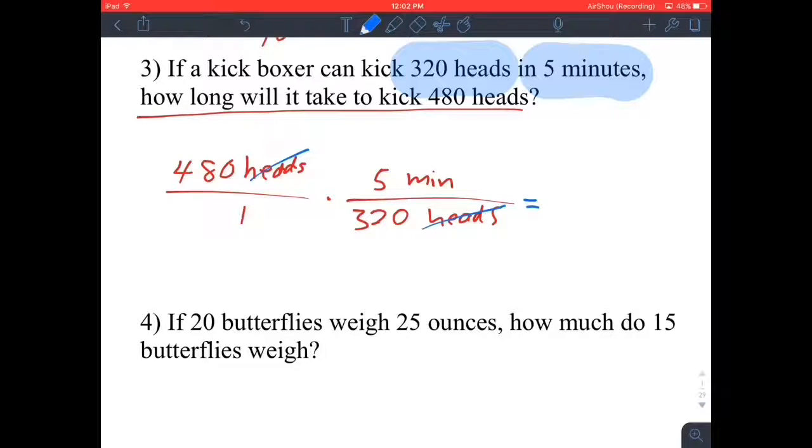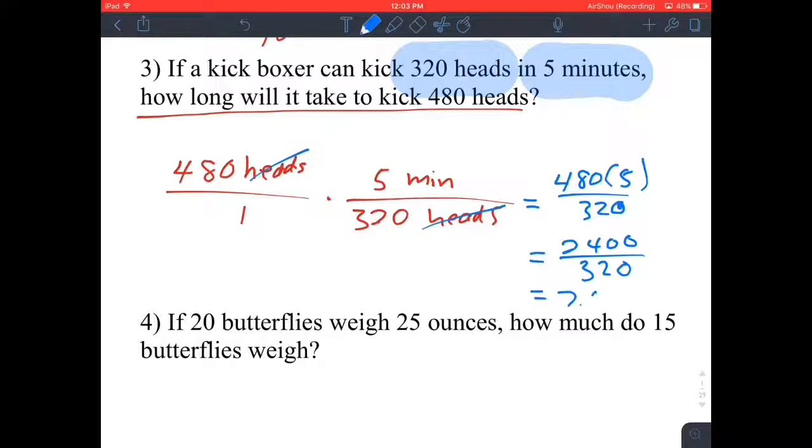If you multiply 480 times 5 and then divide it by 320, 480 times 5 is 2,400. Divide that by 320, and you're going to get 7.5. It asks for minutes. How long will it take? It'll take 7.5 minutes.